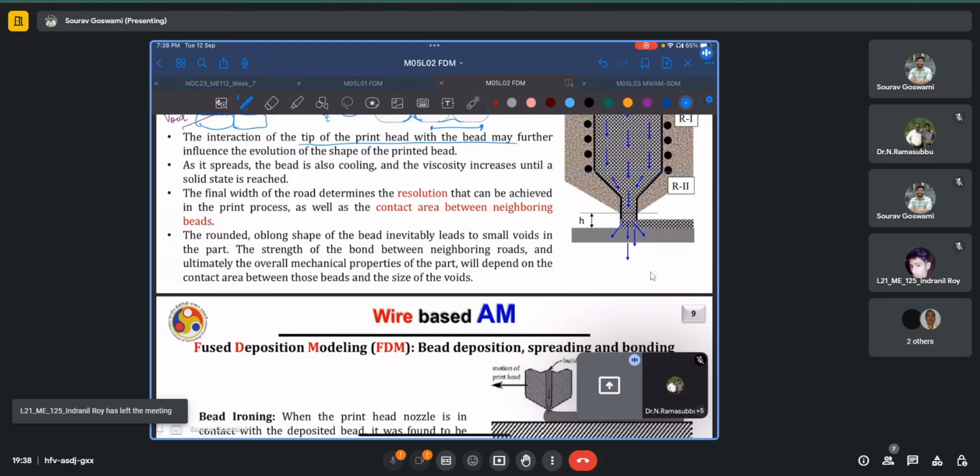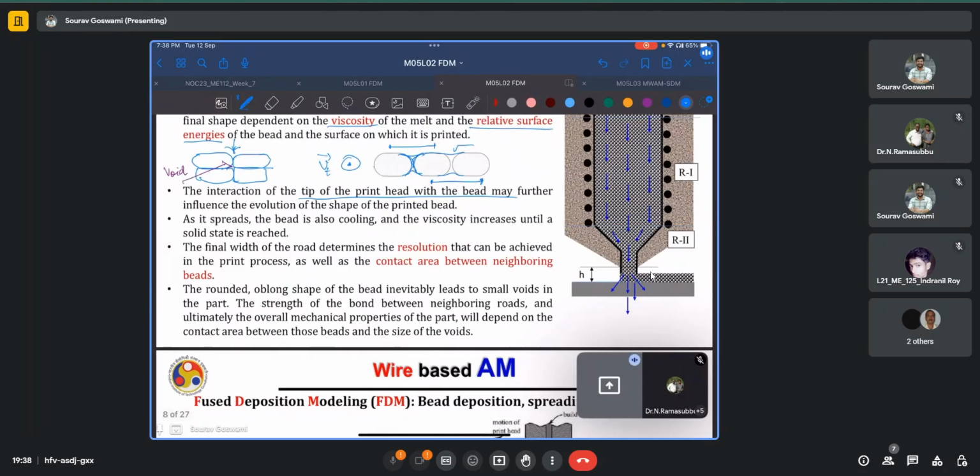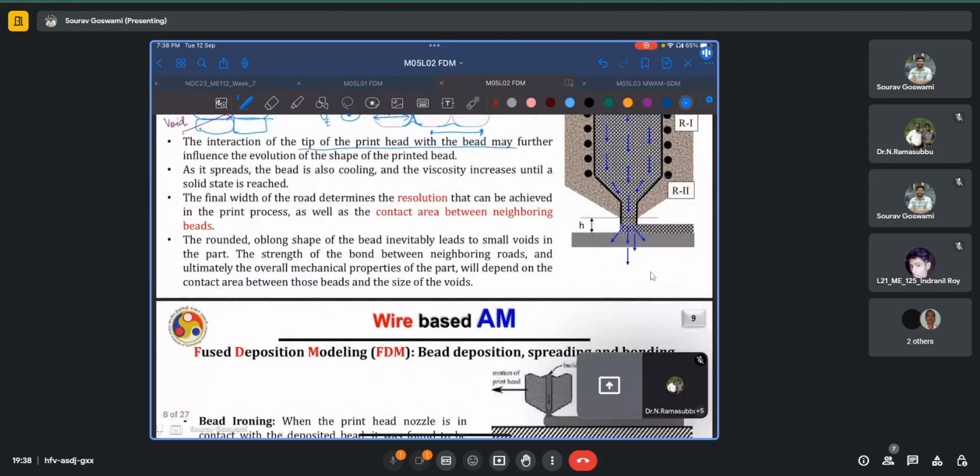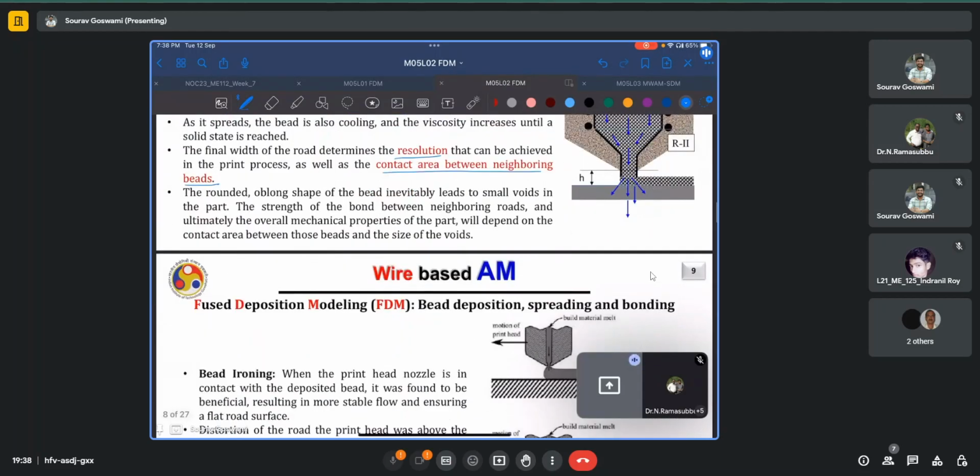And the final width of this road, since a single track may simply be called a road, determines the resolution that can be achieved as well as the contact area between the neighboring beads. As we were discussing, this rounded or oblong shape will always lead to small voids. The strength of bond between the neighboring roads as well as between the different layers will ultimately decide the overall mechanical properties of the part.